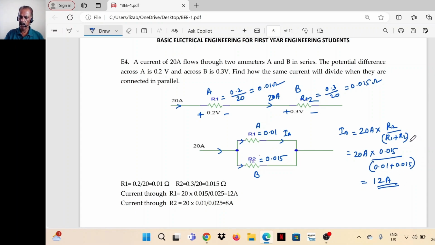Simplifying this, we get 12 ampere. So IB is naturally 20 minus 12, which is 8 ampere, or use the equation and find out: 20 into 0.01 divided by 0.025 is equal to 8 ampere.